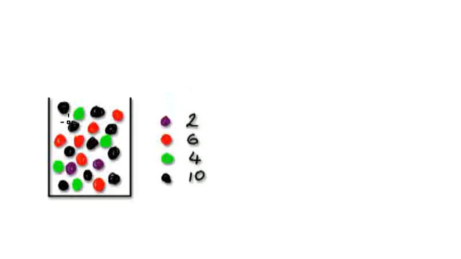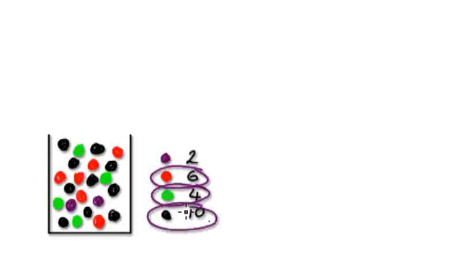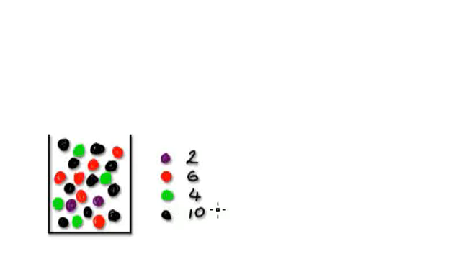Okay, well anyway, this one here: you've got a jar of sweets, and two are purple, six are red, four are green, and ten are black. I want to know what percentage of this jar are coloured. Okay, meaning, well, I'm going to say black is not a colour.